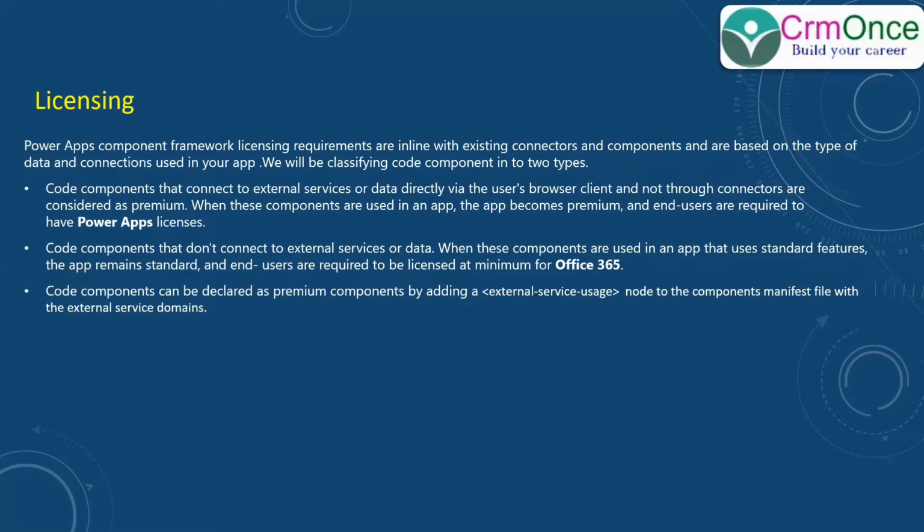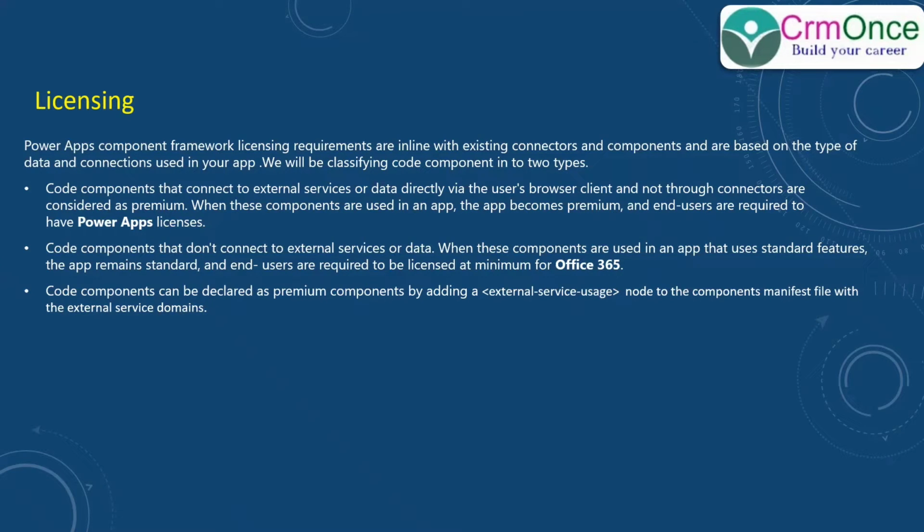We classify code components into two types. The code components that connect to external API services or data directly via the user's browser client, and through connectors, are considered premium.